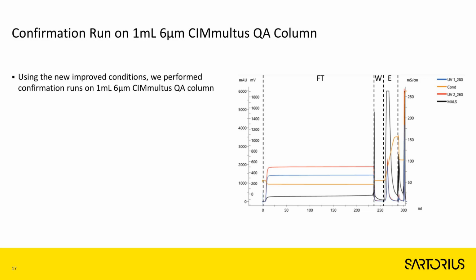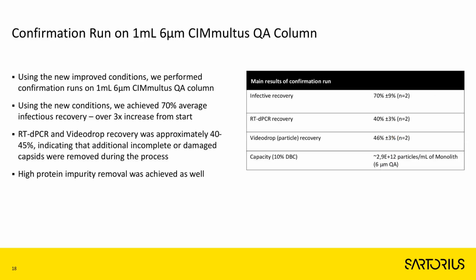And when we analyzed these samples, we looked at the infectious recovery, and in the 2 runs, we got an average of 70% infectious recovery, which was an over 3-fold increase compared to the start.